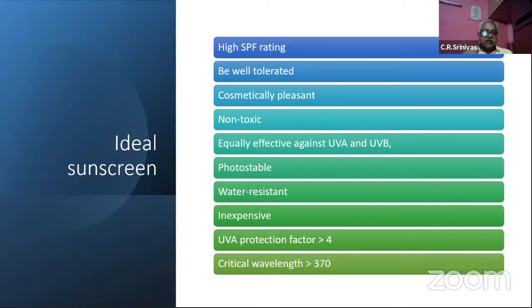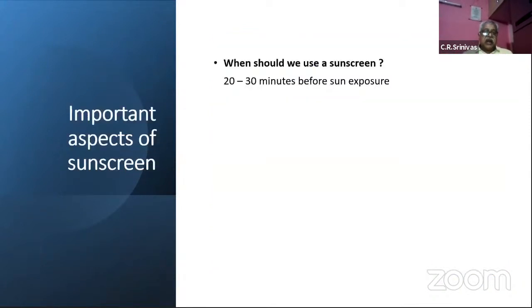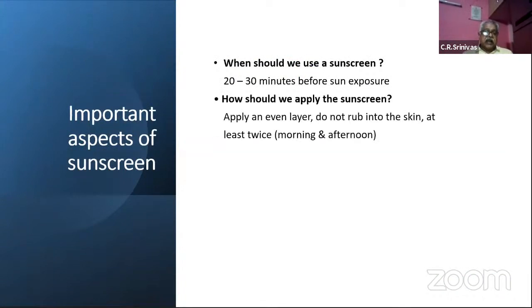There is no ideal person, there is no ideal sunscreen. In fact, most of them fall short of ideal. Some are very, very expensive, maybe slightly better, but not really. The cost doesn't justify it. Sunscreens are difficult to use, and they should be used 20 to 30 minutes before exposure. It should be applied as an even layer, not an irregular layer, and at least twice, but if possible more frequently.